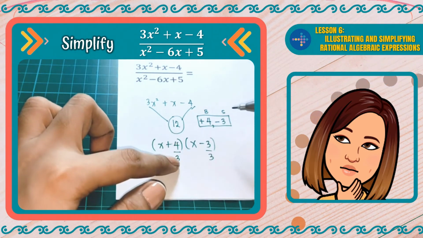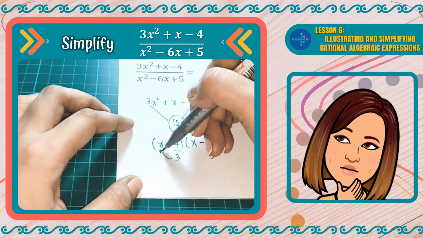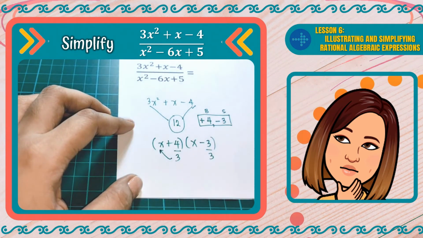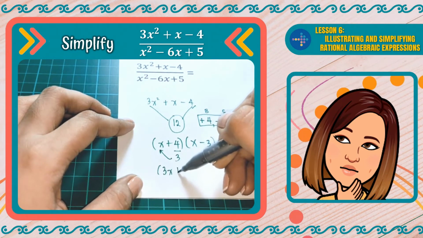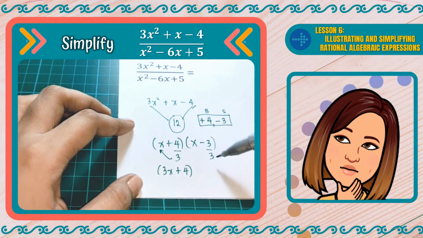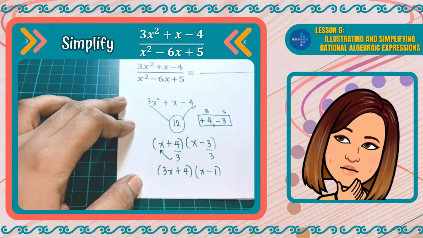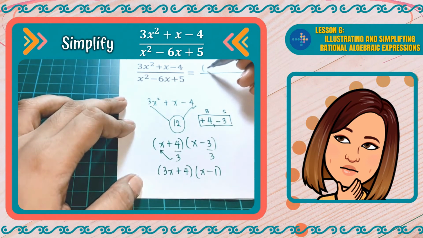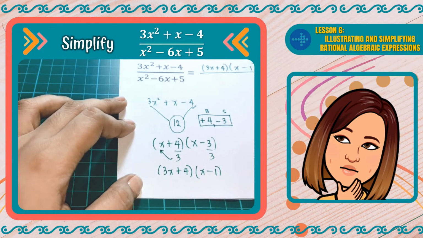So, 4 divided by 3, ang quotient niya ay hindi whole number. Therefore, yung 3 na divisor natin ay ilalagay natin sa unahan. So, magiging 3x plus 4. Then, 3 divided by 3. So, the answer is 1. Therefore, x minus 1. So, the complete factors of the numerator is 3x plus 4 and x minus 1.